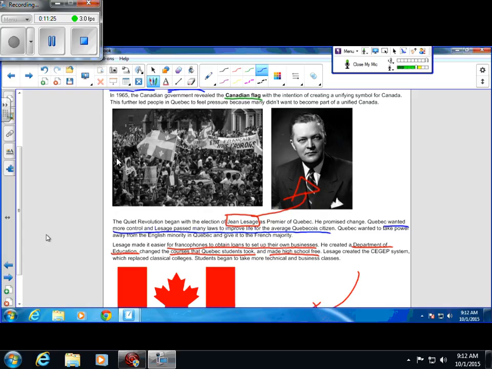So you want to take away the power from the English and put it back into the French majority. He improved businesses and changed education laws in order to make society more French-approved. That's what he really pushed for. This is what the French population of Quebec wanted, and he promised this.